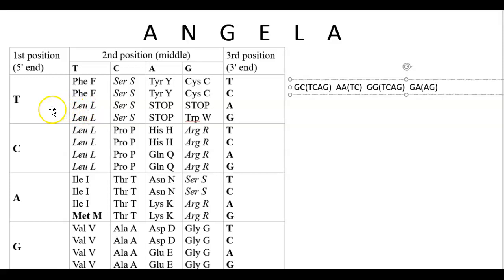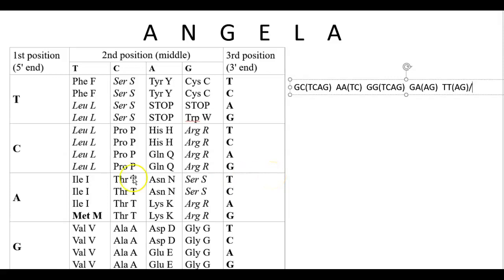We go to the left. So this could be a T. In the second position, it would also be a T. And then we have the third position where we have an A or G.